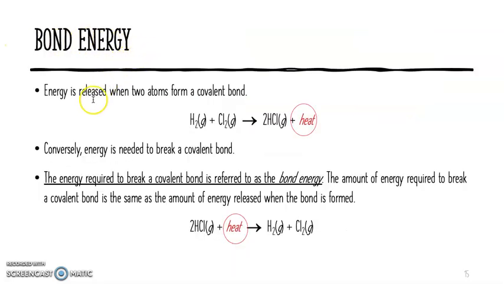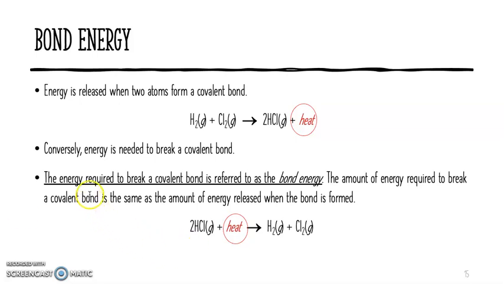Bond energy. Energy is released when two atoms form a covalent bond. An example here is hydrogen gas and chlorine gas. When they come together to form hydrogen chloride, they produce heat. That's the same amount of heat needed to break hydrogen chloride molecule into hydrogen gas and chlorine gas.